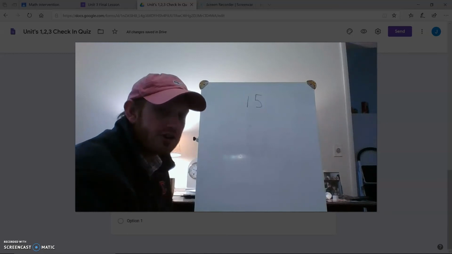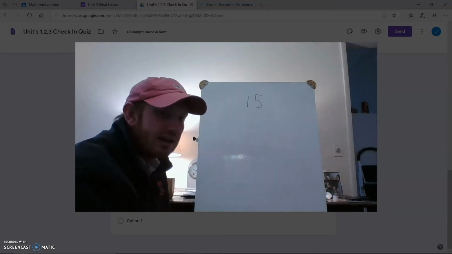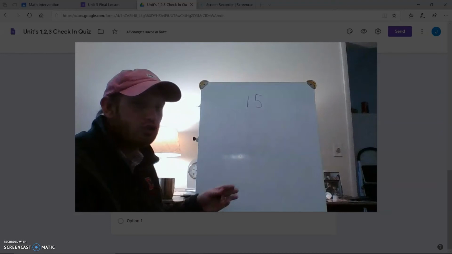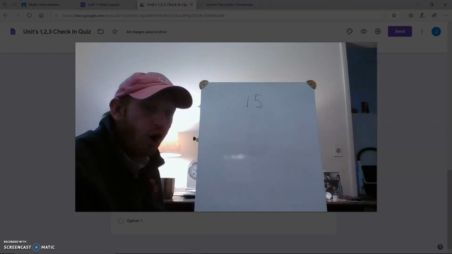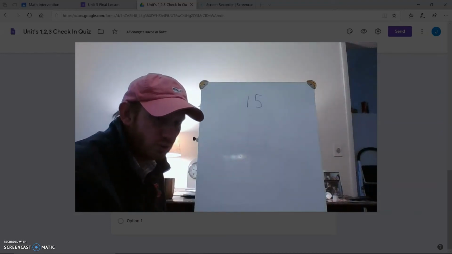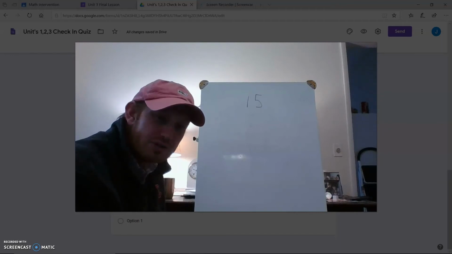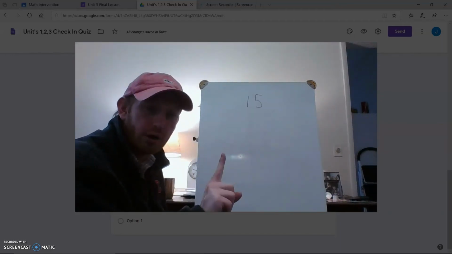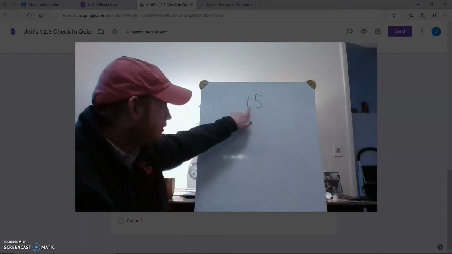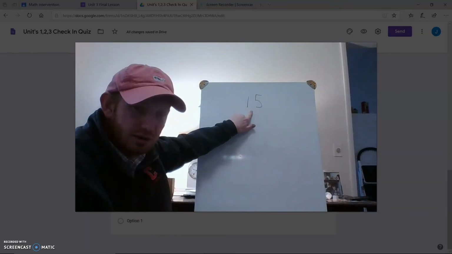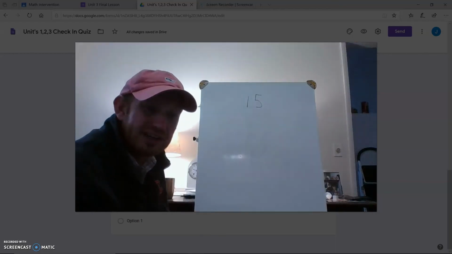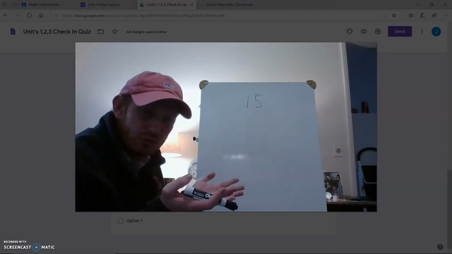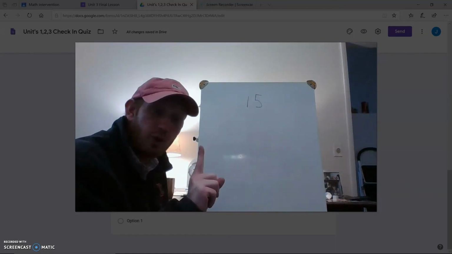And we know that for a number to be odd, it cannot have two equal groups. Only even numbers can have two equal groups. Odd numbers have two equal groups plus one more. So let's do our fact families for 15 and see if we can find if it's in even groups or if it's a plus one.